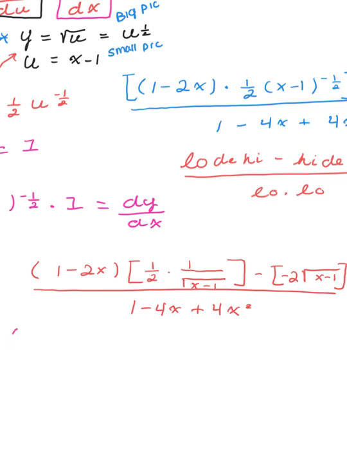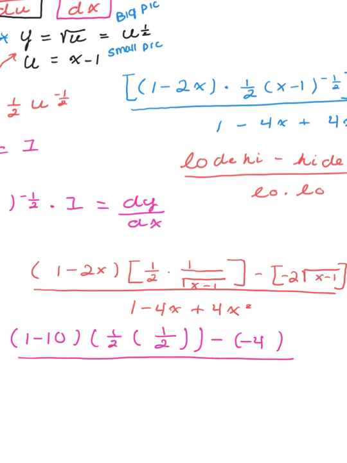So this becomes 1 minus 10 times 1/2 over, or times 1 over 2, minus -4, all over 1 minus 20 plus 100.